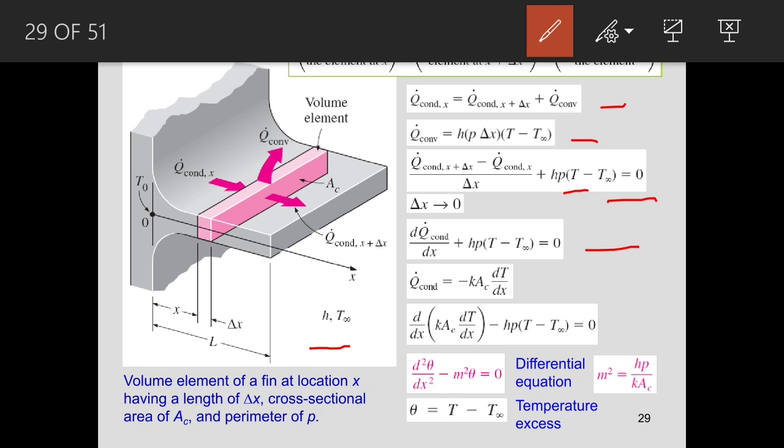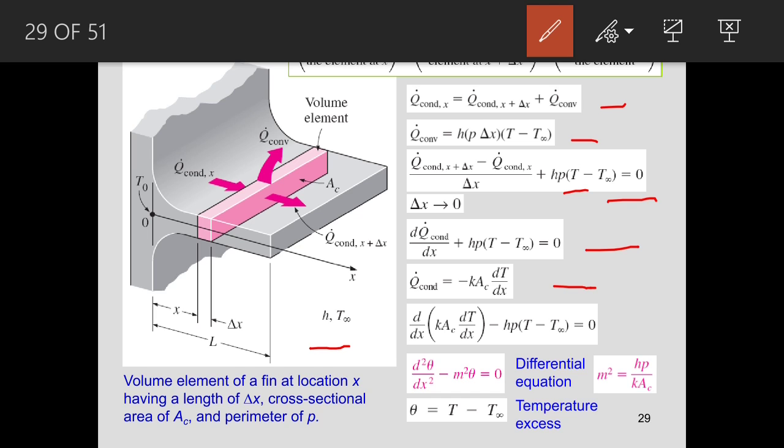In this equation, we substitute the conduction formula Q conduction is equal to minus k Ac dT by dx. This is called Fourier's law of heat conduction. Substituting this in the previous equation, we get d by dx of (k Ac dT by dx) minus hp (T minus T infinity) equal to 0.